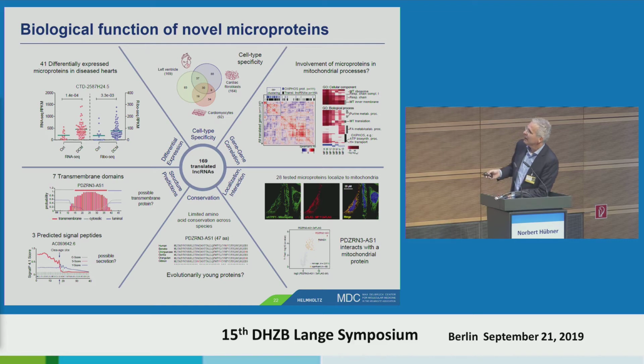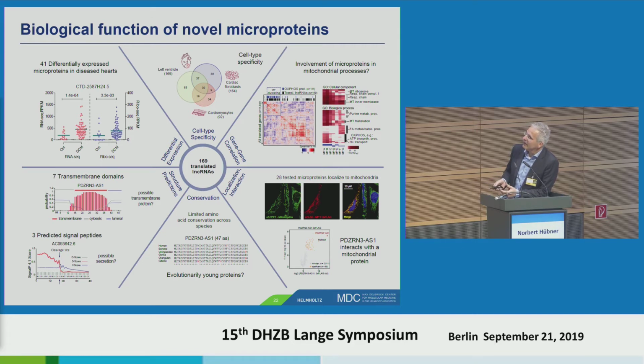And of course, it is interesting whether those novel translational events are conserved across species, and they are very primate specific, and that is the reason why they have not been recognized for so long and can only be detected with experimental methods.